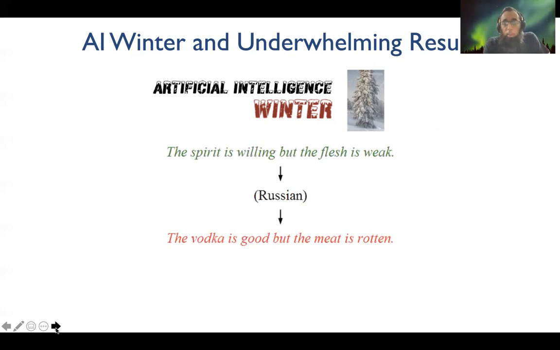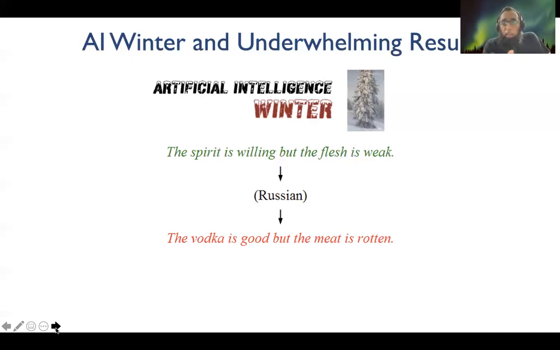As an example, translation was very difficult. So this proverb, the spirit is willing, but the flesh is weak. This is a biblical proverb, which is, I believe, from the New Testament. And the idea is that the person is very weak, even though the person wants to do something.